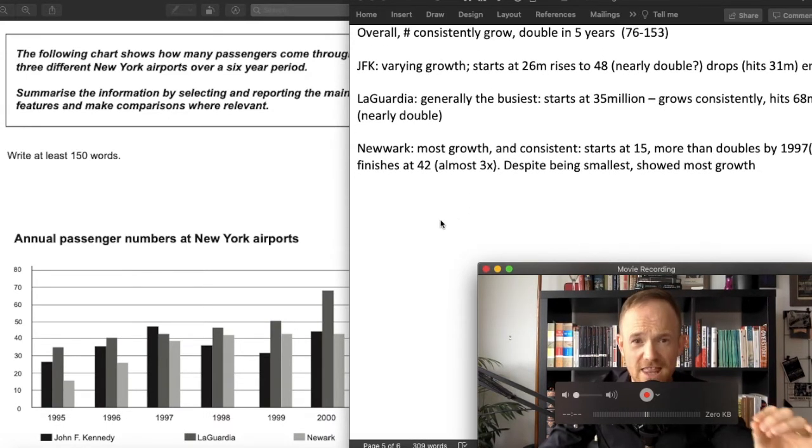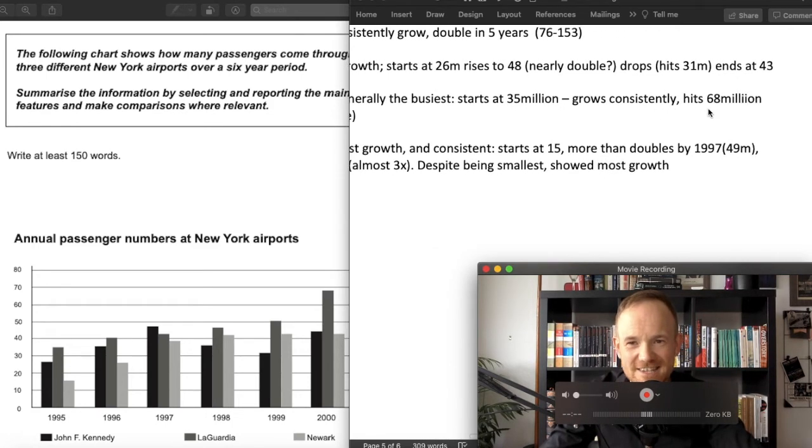Then I move on to LaGuardia, and you can see here it is generally the busiest. In every year but one, it's the busiest airport, and it shows very consistent growth. So we've got here generally the busiest. It starts at 35, grows consistently, even though it kind of slows down a bit, still consistent.